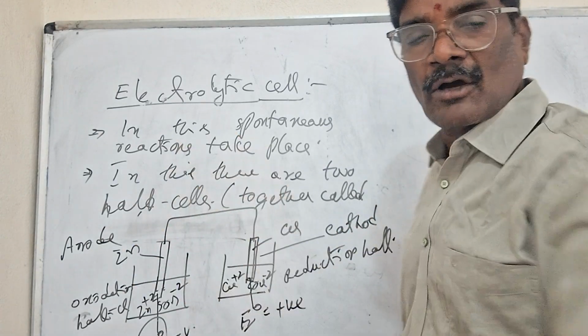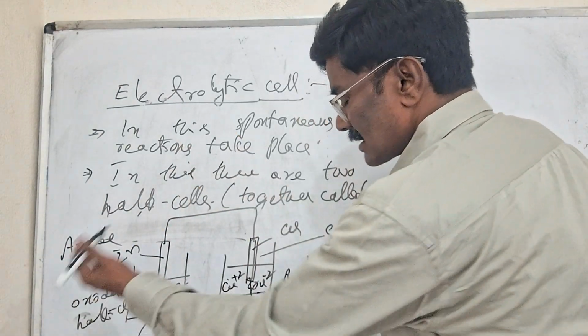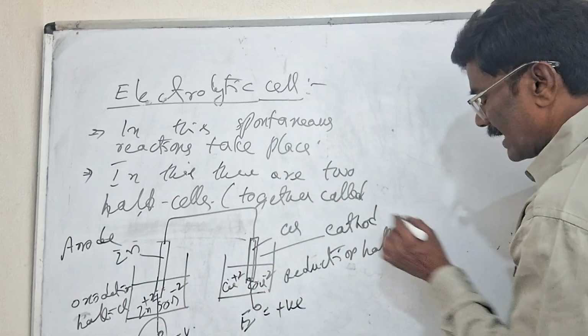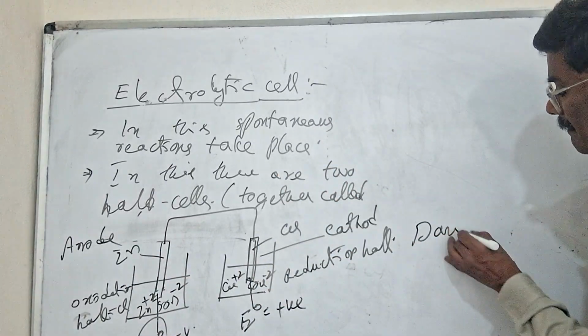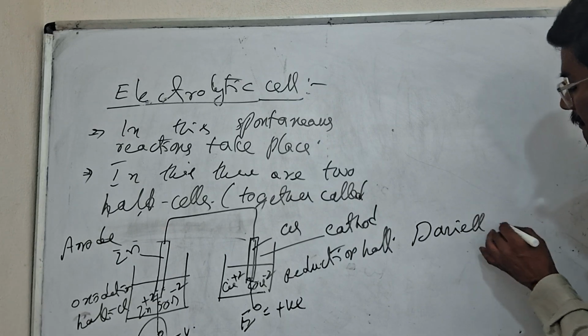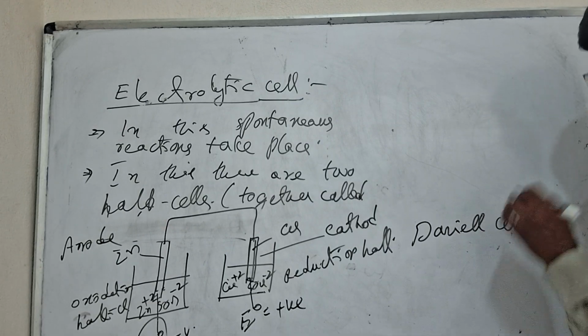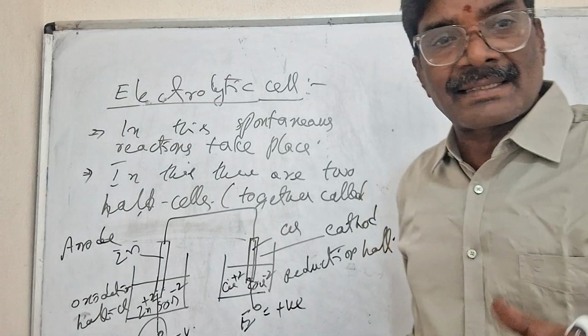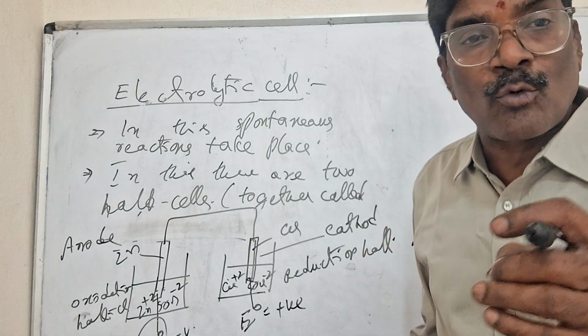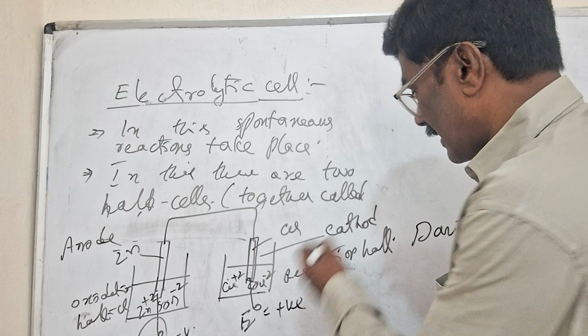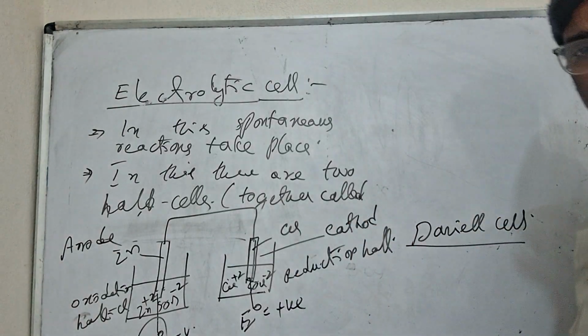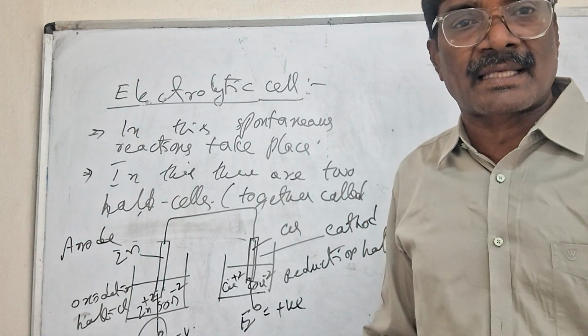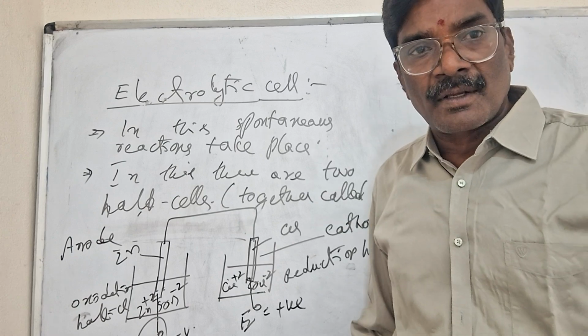This cell is called the Daniel cell, named after the scientist who constructed it.